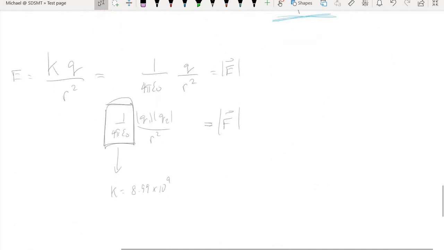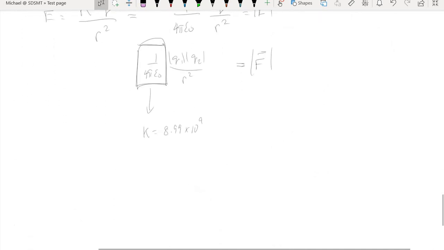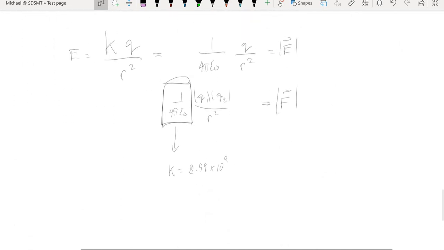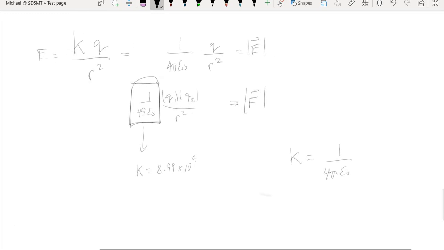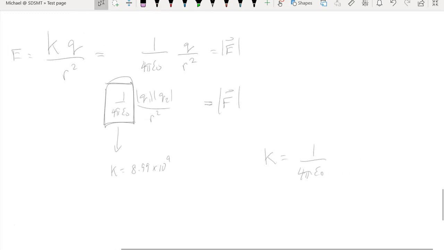Now, since I've said that word geometry, I'll go ahead and make one more comment before we end this video today. Since we're going to be rewriting k as 1 over 4 pi epsilon naught, the epsilon part makes sense for right now.